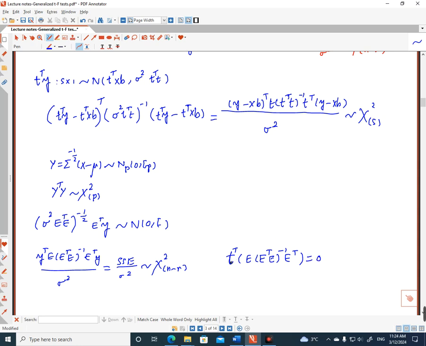Why? Because t is in VR, e is in VE, the error space, and those are mutually orthogonal. So I can conclude that SSE is independent of the best estimator, t prime y. This is the conclusion that we can obtain here.